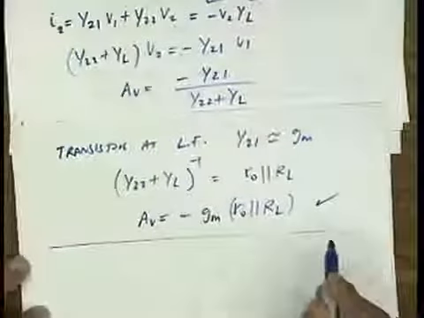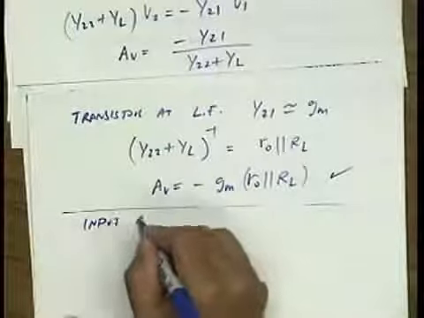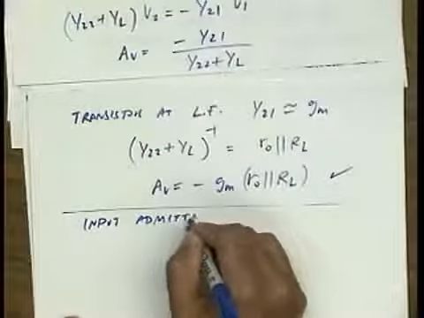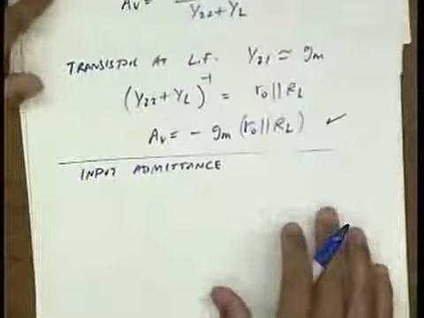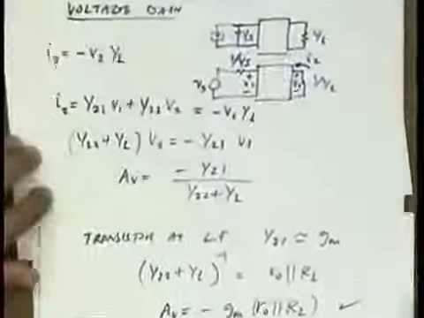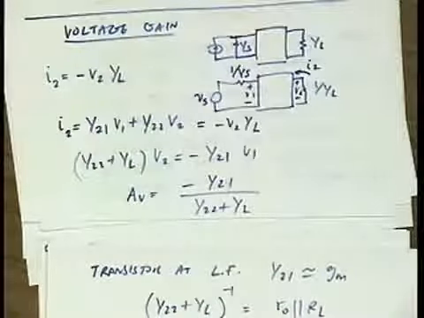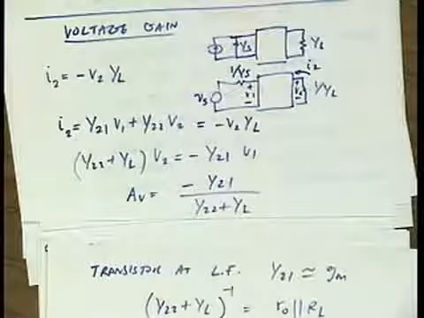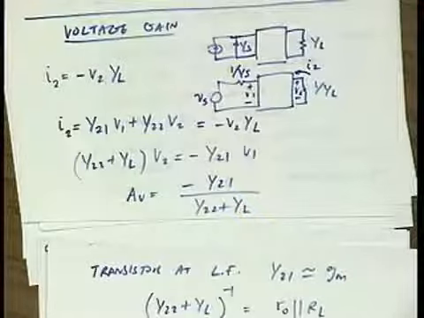How about the input impedance of a two-port? So let's calculate the input admittance. Okay. Yes, question? Sorry, I should have drawn a bigger picture here. Any questions about that?